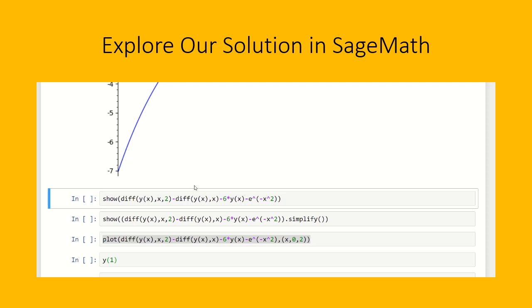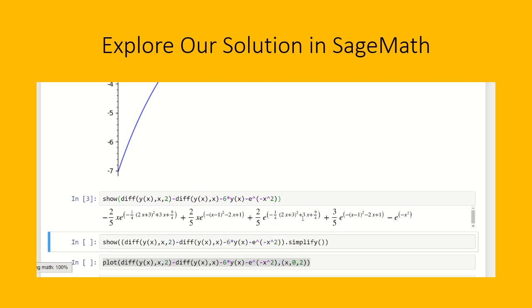For this particular function y, this should be pretty close to 0. In fact, it should be the 0 function. We're showing what this expression is. Let's see if we get 0. We don't. That doesn't look like 0 to me. If you simplify this, perhaps it's 0, but I'm not sure.